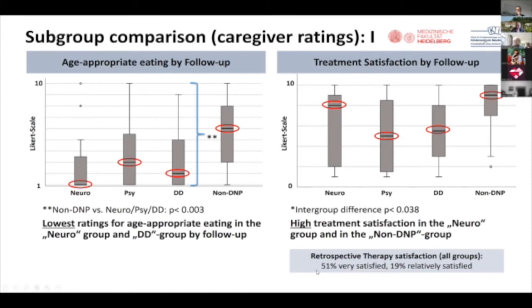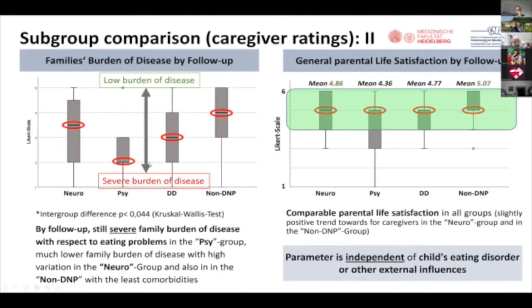So if we take all groups, we had more than 50% who were very satisfied and 19% relatively satisfied. That makes about 70% who were satisfied with the previous inpatient treatment, but you see here the distributions of the groups.